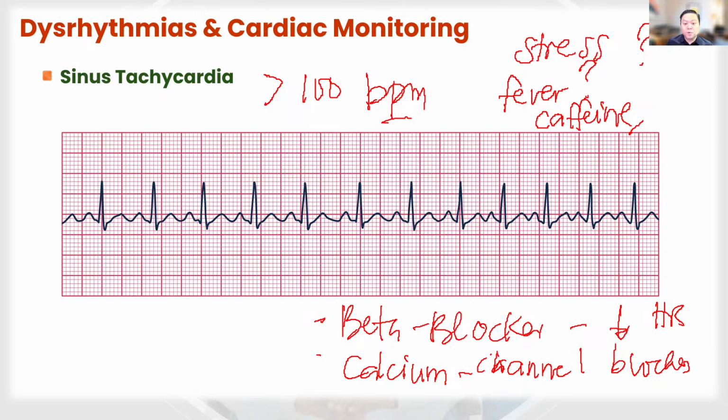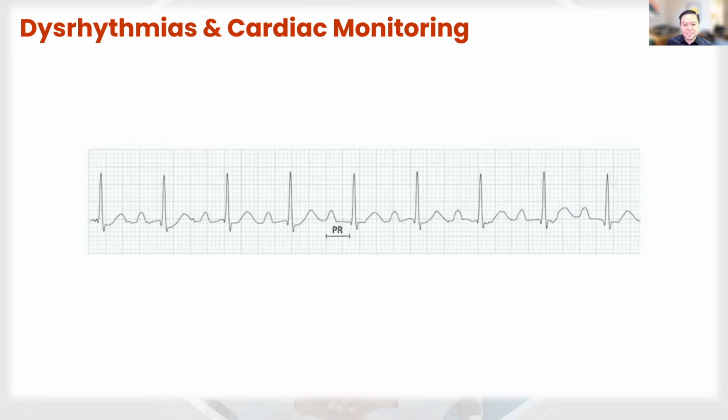Now, what we need to do is make sure we are identifying the cause, and if we have identified that, then we're going to treat the cause. Is it the stress? Is it the fever? Is it the caffeine? We want to make sure that the patient is educated about those possible causes and advised to stay away from those. Okay, now let's move on to the next problem.